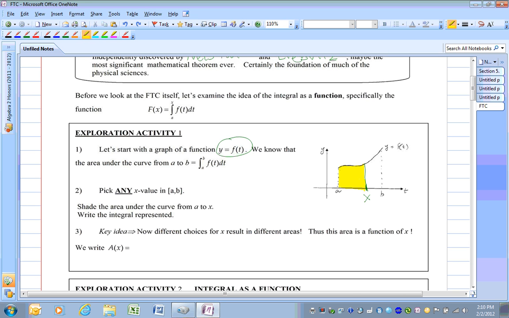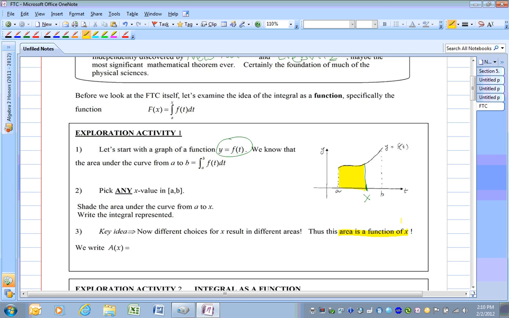So in this case, the key idea is that different choices for x result in different areas, right? Depending on where you place x. If I put x over here, a little bit to the left of b or a little bit closer to a, you also get different areas.